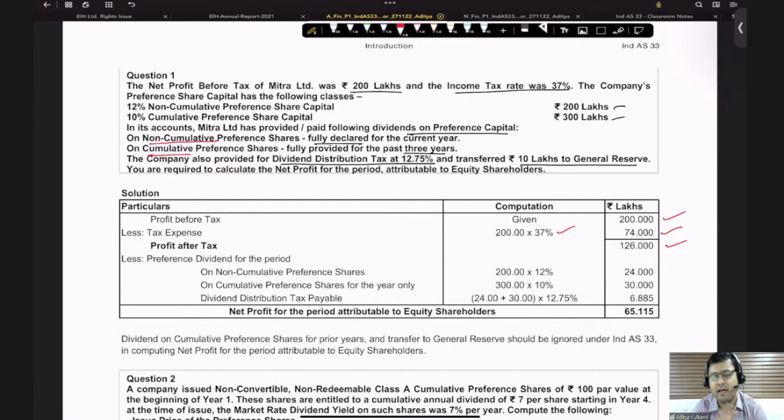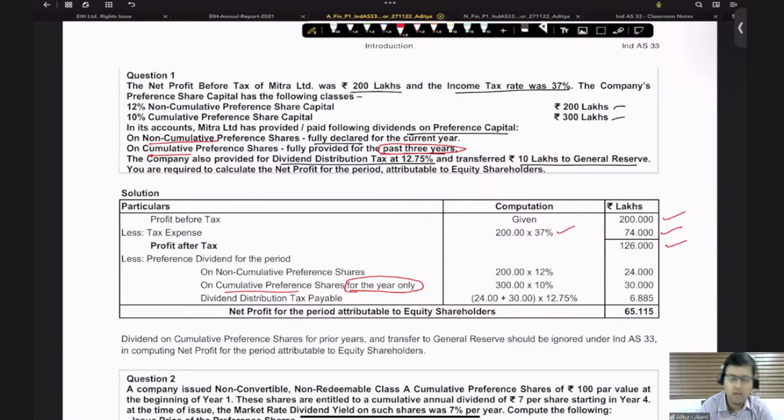That means every year we deduct the cumulative preference share dividend because it's provided in the financial statements, and accordingly we calculate the EPS after deducting it. So though it is provided for the past 3 years, it would have been deducted in the past 3 years, and therefore in the current period only what is there for the current period will be considered. In the previous periods they would already have been considered when the accrual was being done.